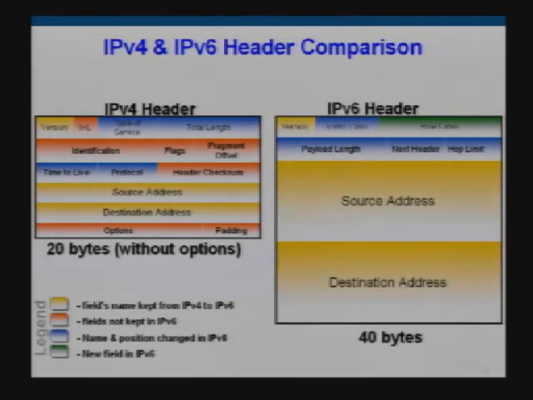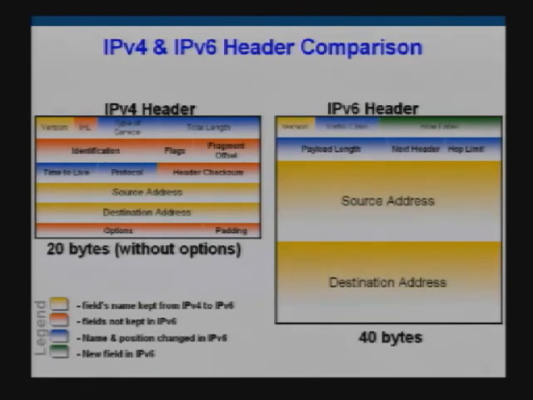And traffic class is similar to the type of service. And then you have the flow label, which is introduced, 20 bits flow label, which we were talking about before, to provide additional QoS support. And there is no header length, but payload length is another aspect which is introduced with IPv6.